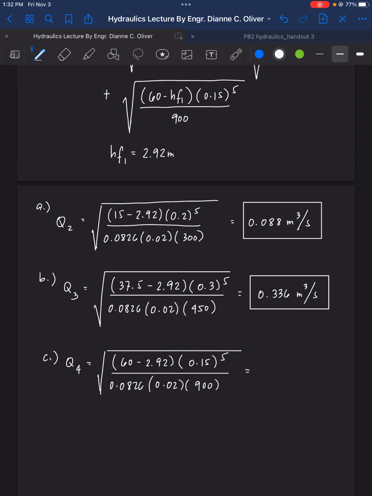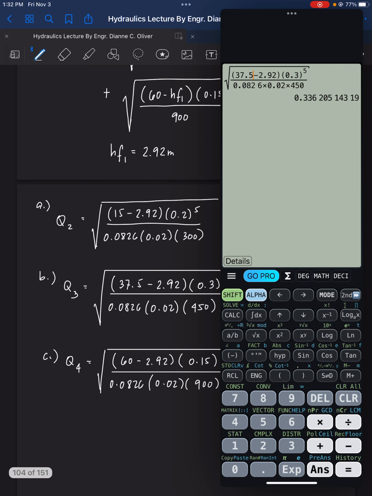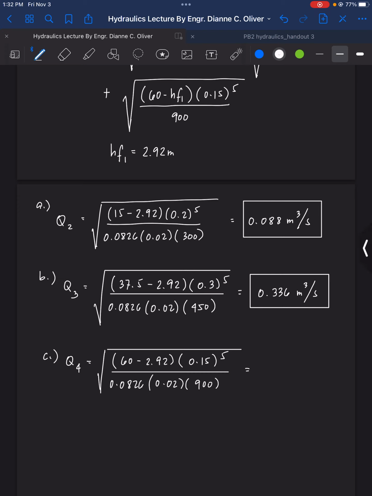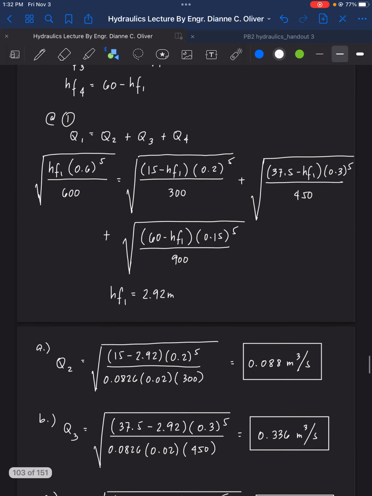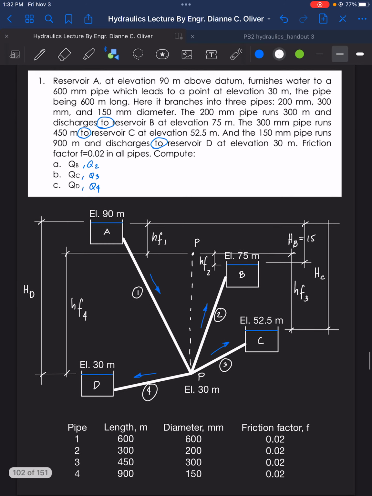That is equal to 0.054 cubic meter per second. So that's number 1.